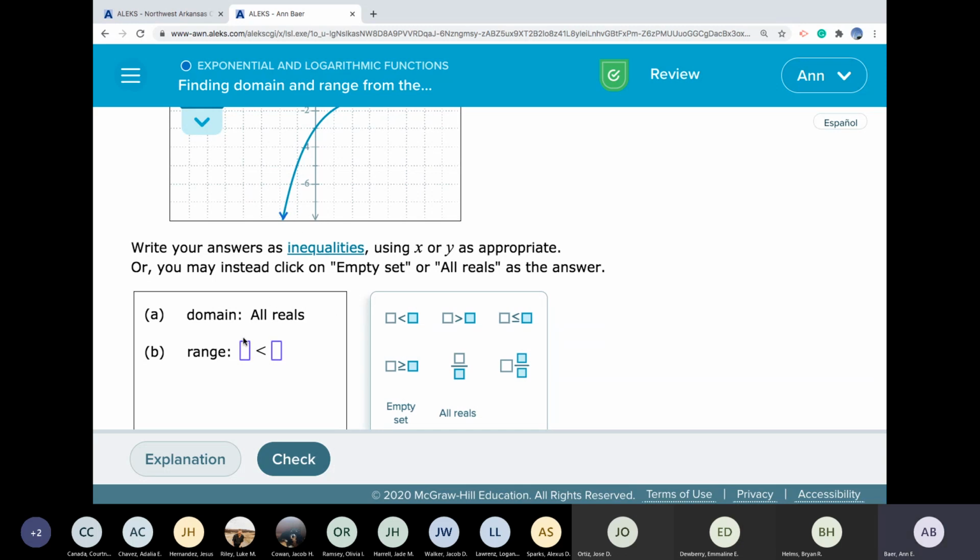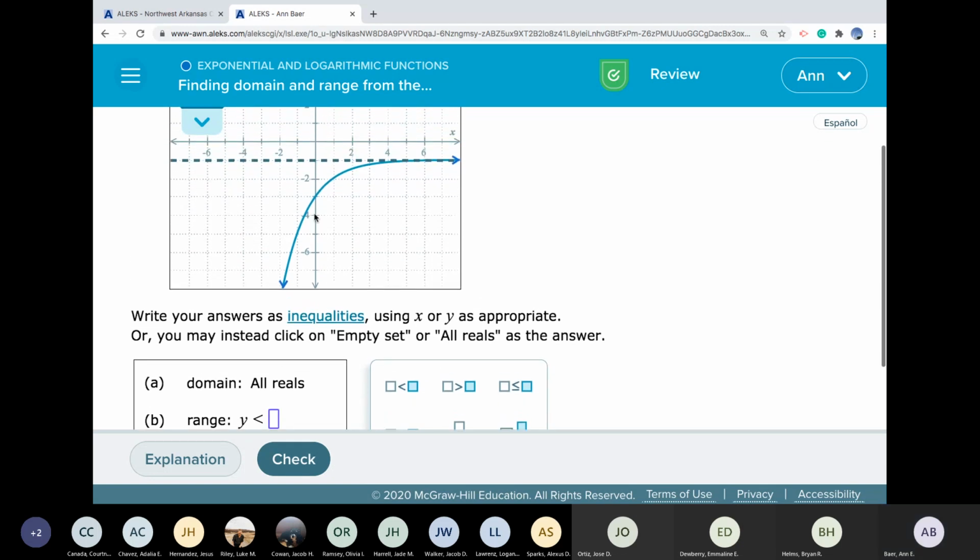So this time we want to make sure we're putting y in this box. And we want it to be less than this right here, where this horizontal asymptote is, because the horizontal asymptote is not part of the graph, and that horizontal asymptote is at -1. That's why we don't want less than or equal to, because the horizontal asymptote is not part of the graph. So that horizontal asymptote is at -1.